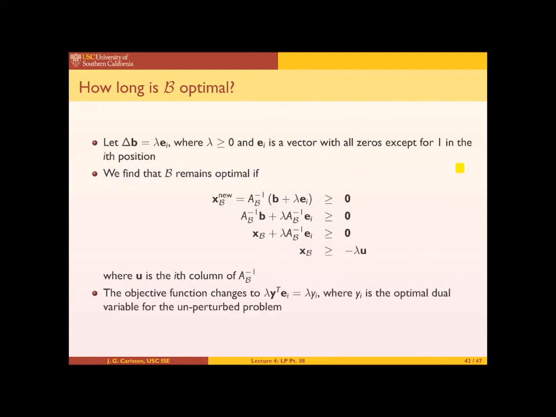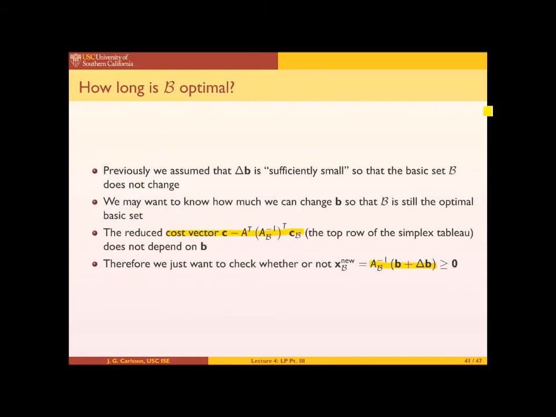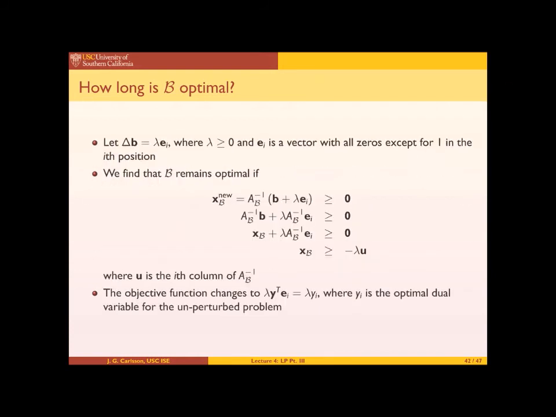Let's focus on varying just a single entry because it's much more tractable that way. We're not going to vary all of the entries at once. You pick one value and you vary that. In fact, that's what I did when I had MATLAB open a moment ago. I just took the 9 and made it a 10.